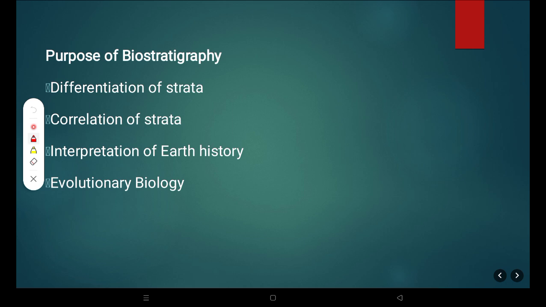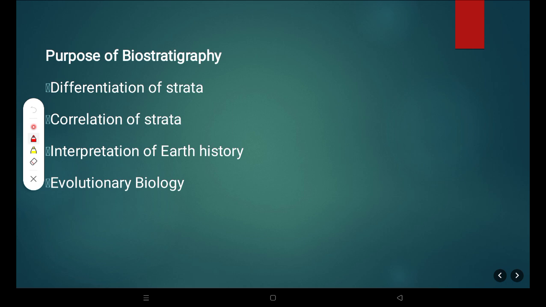Lithostratigraphically it is named, but suppose somewhere there is a huge thickness of sandstone, so we cannot differentiate it lithologically. So how can we differentiate them? Here comes biostratigraphy. On the basis of fossil contents, we can characterize and differentiate the rock strata from one unit to another unit.